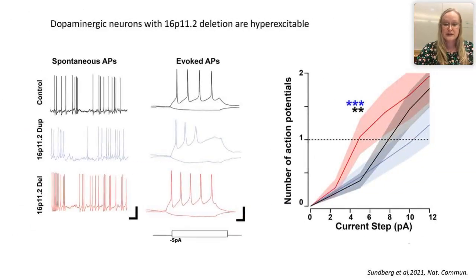To look in more detail at the patch clamping data, we detected that dopaminergic neurons with 16p deletion were hyperexcitable. So this means that when increasing current steps were injected into the cells, the number of action potentials was significantly higher in the 16p deletion cells compared to control or duplication populations, shown here in red.